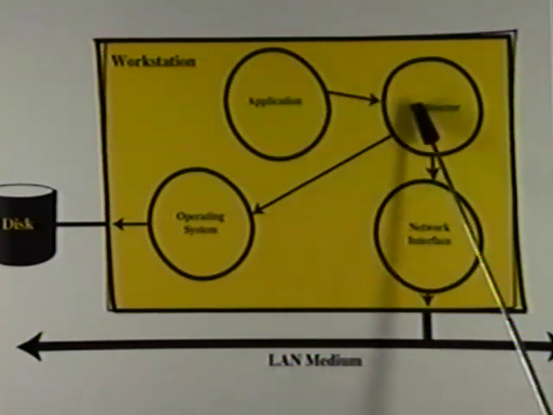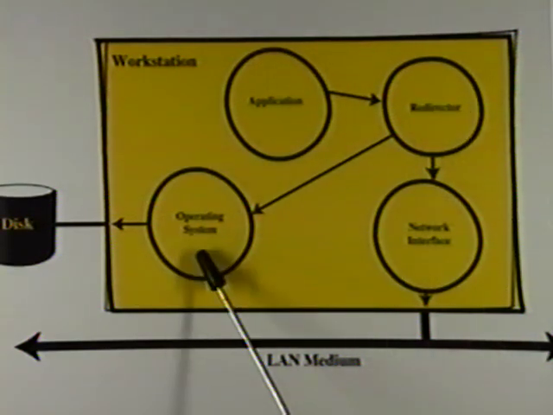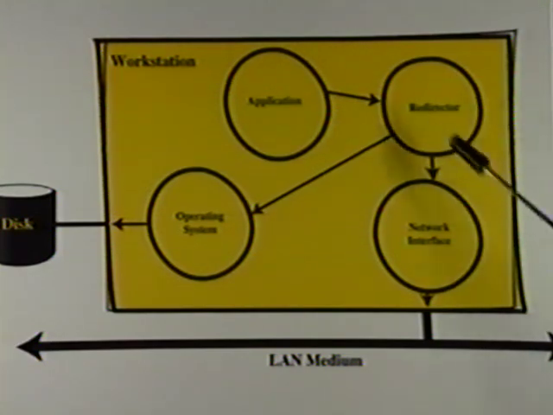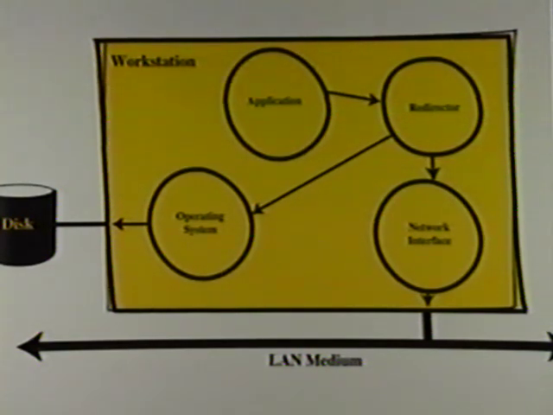So we have one interface between the application and the redirector. We have another interface between the redirector and the operating system. And then finally we have a third interface between the redirector and the network interface module. So you can see that the network redirector plays a huge role in LAN system software.